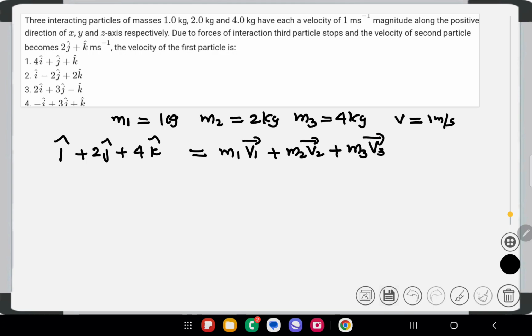In the question it is given that the third particle stops. Since the third particle stops, the momentum of the third particle becomes 0. So I delete that term. And the velocity of the second particle is given as 2j plus k in the question. So I replace v2 by 2j cap plus k.